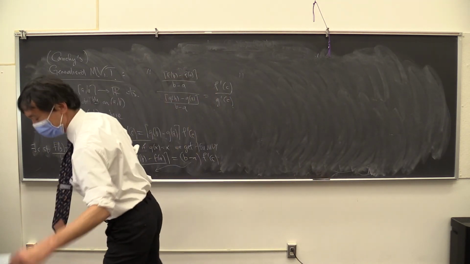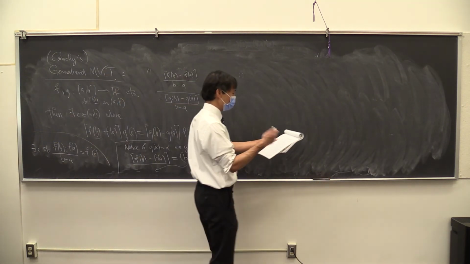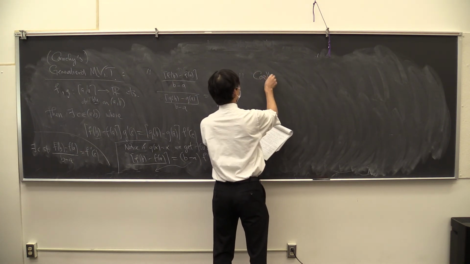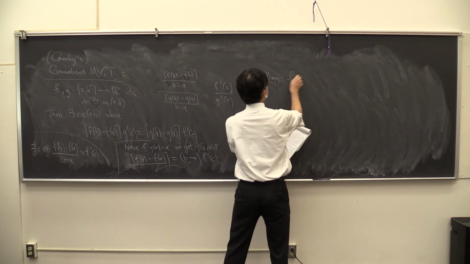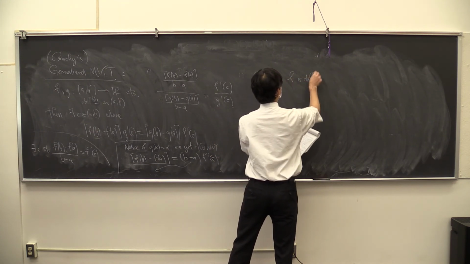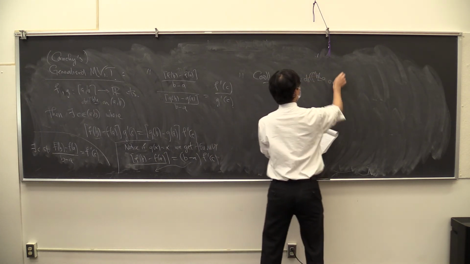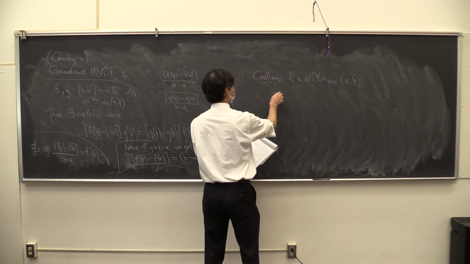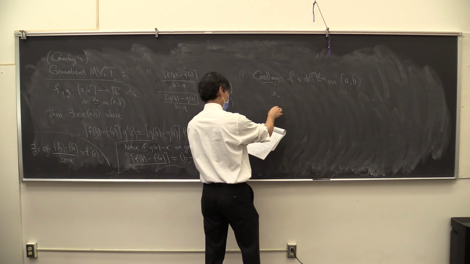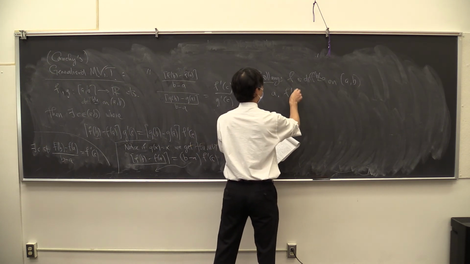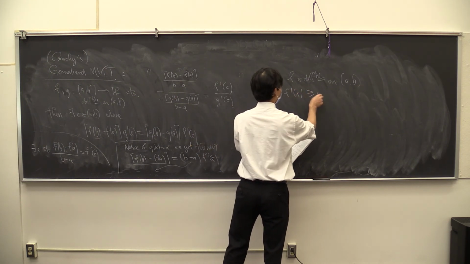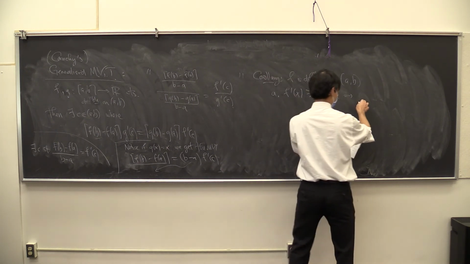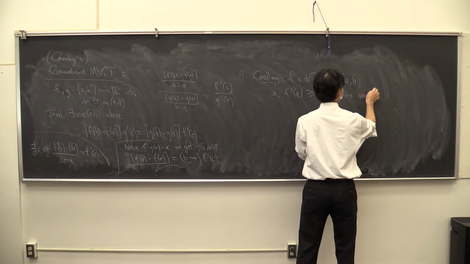A couple usual consequences of the mean value theorem: if f is differentiable in some open interval (a, b), then if f prime is always non-negative, it's monotonically increasing.